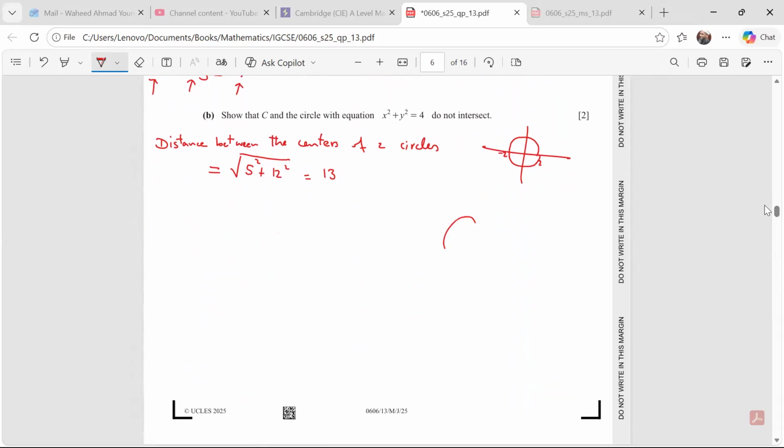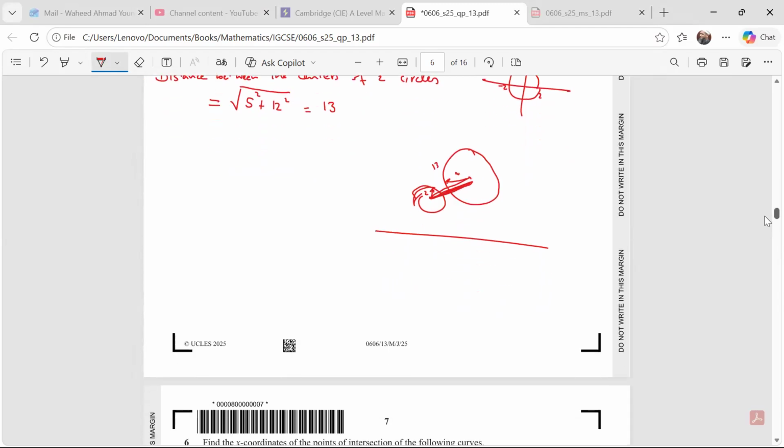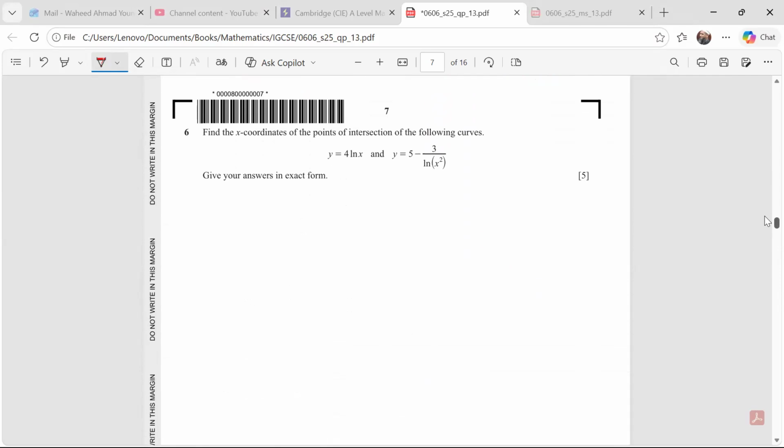So this distance is 13, this distance is 2, and this distance is 10. I'm not good at drawing, but I hope it's clear.